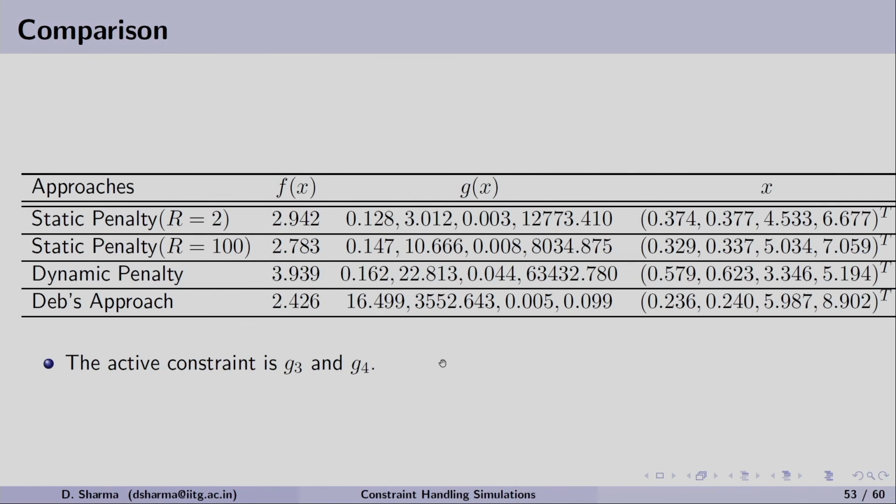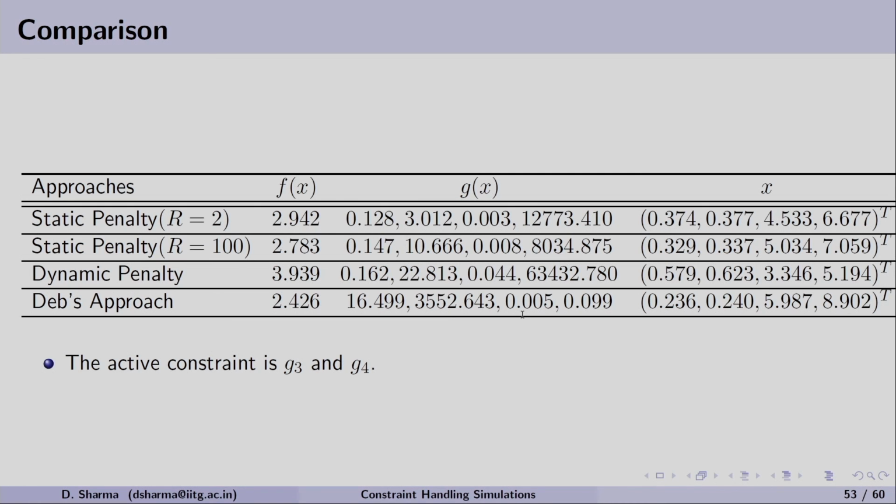Let us compare their values. Now, here we can see all the approaches gave us the feasible solution. The best solution is given by Deb's approach, which is having the function value as 2.426. Now, looking at the constraints, all 4 constraints are written here for our reference.